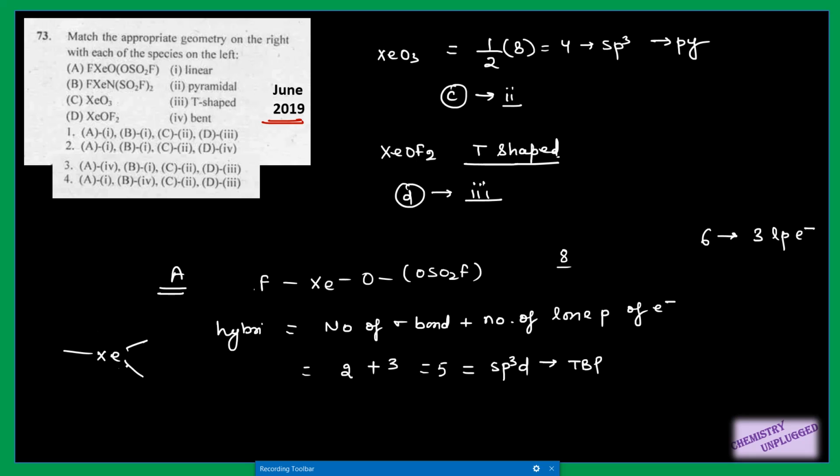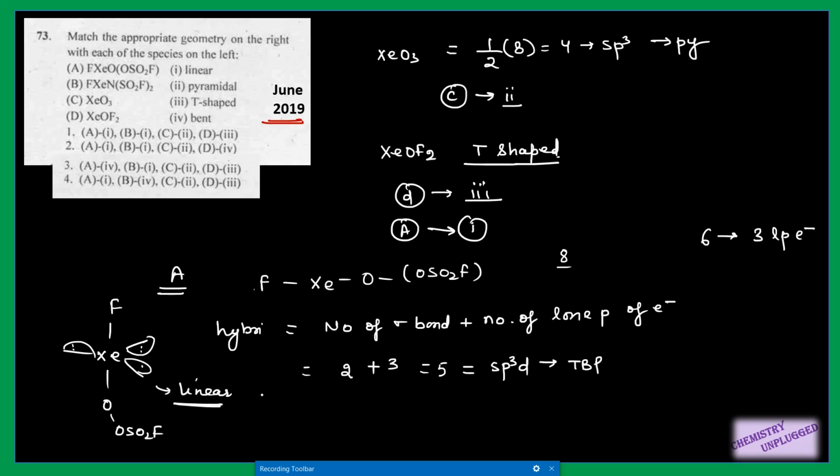So in this case lone pairs are more free to move, so they will go in the equatorial direction like this, and this fluorine and this oxygen bonded with the OSO2F group will go in the axial direction, right? So in this way it will have a structure almost linear in shape, right? So it should have a linear structure, means A will go with linear, 1.